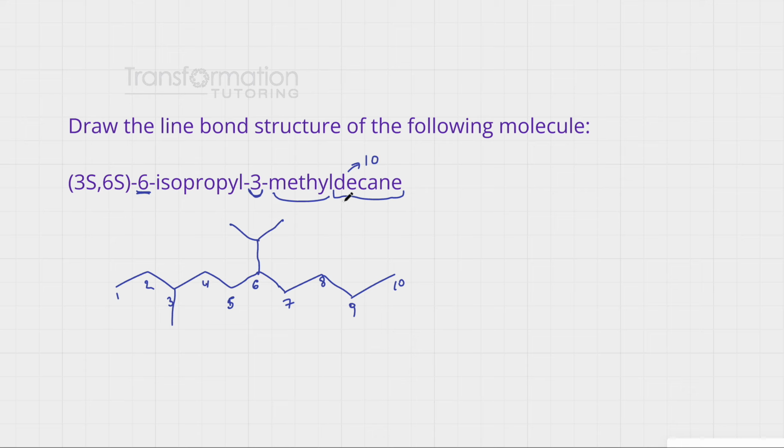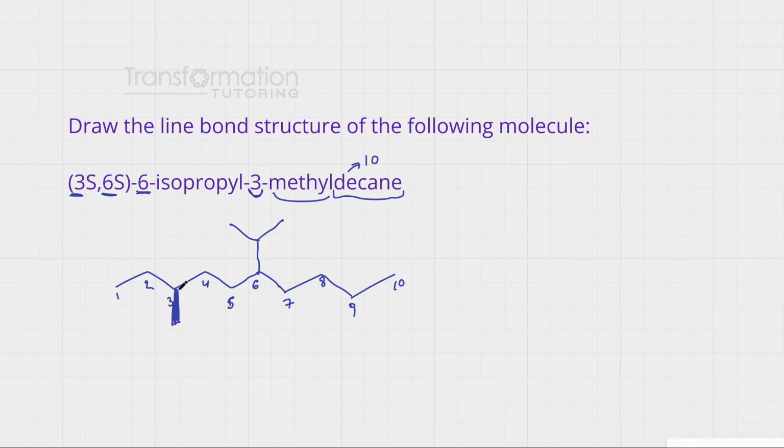My molecule is almost ready, but the most important part is to draw the correct configuration on carbon 3 and carbon 6. What I'm going to do is put my methyl group on a wedge on carbon 3, and I'm going to add a hydrogen to this carbon. Notice this carbon has only 3 bonds.